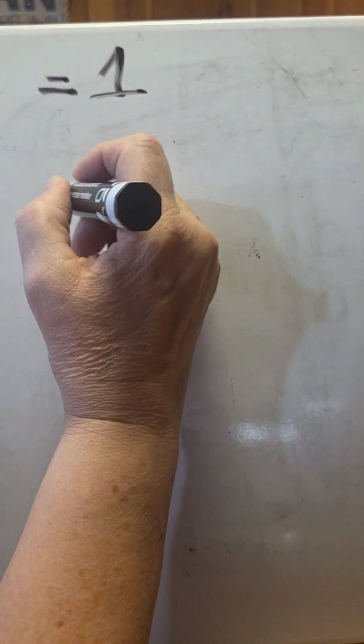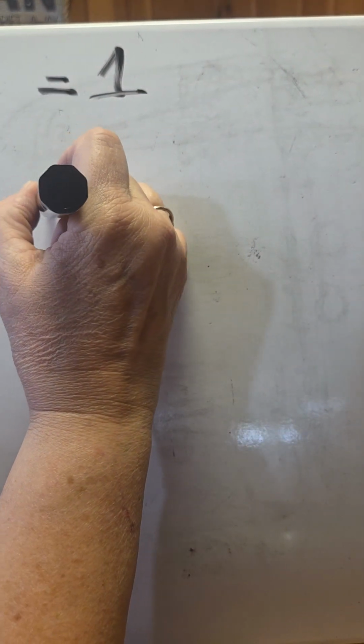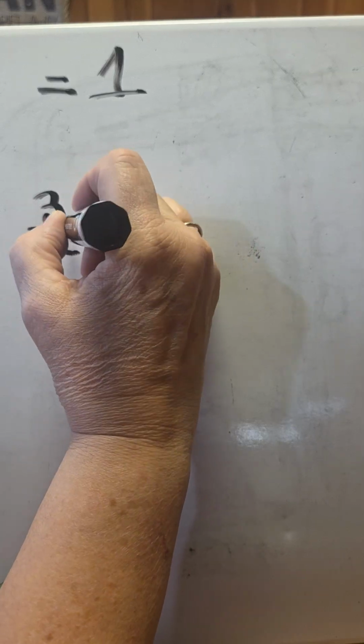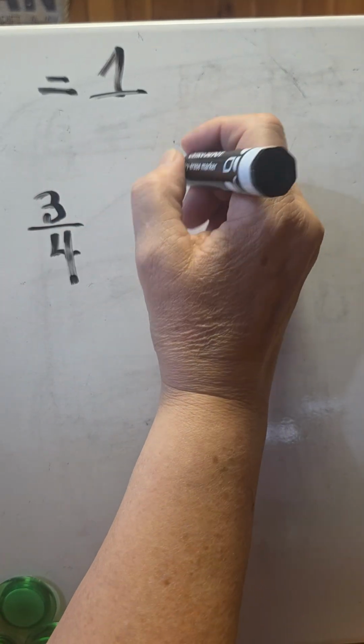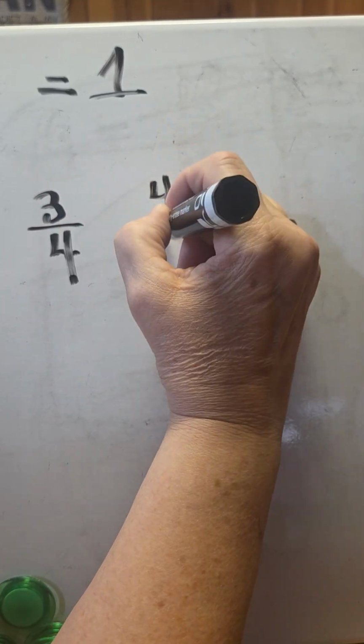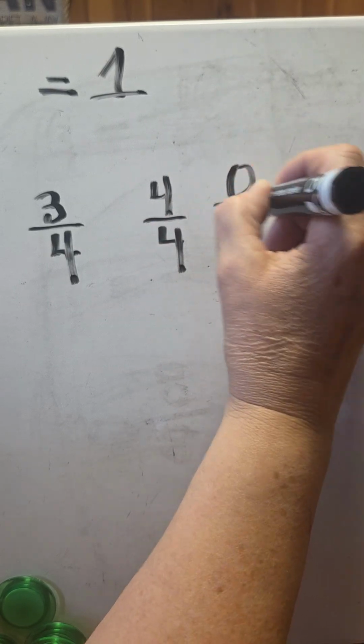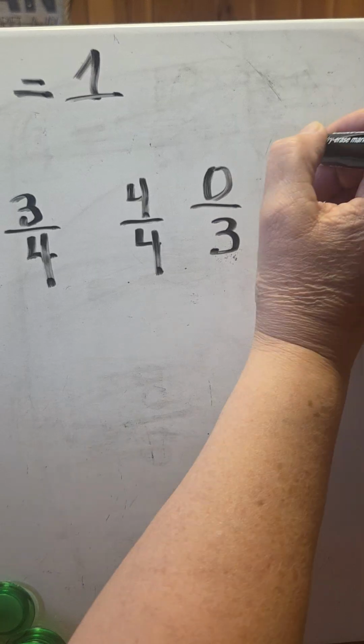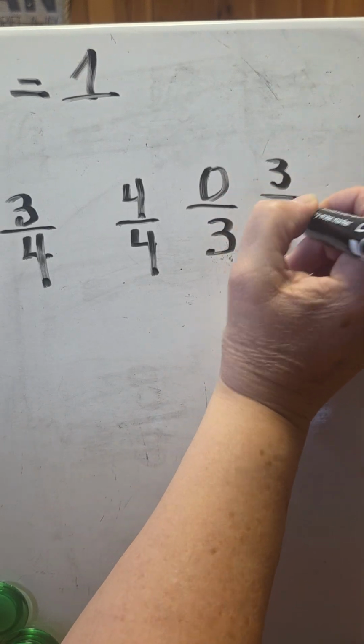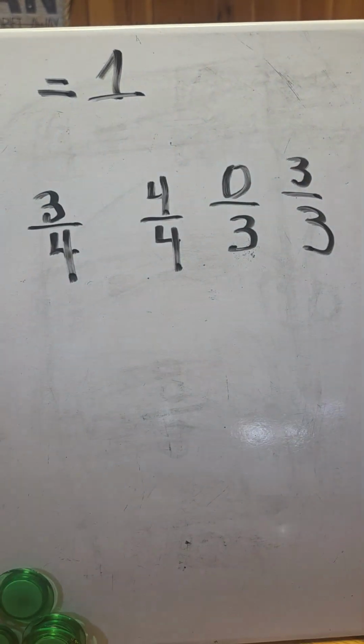And they'll give you choices. They'll say 3 over 4, 3 out of 4, 4 out of 4, 0 out of 3, 3 out of 3. I just threw some up there.